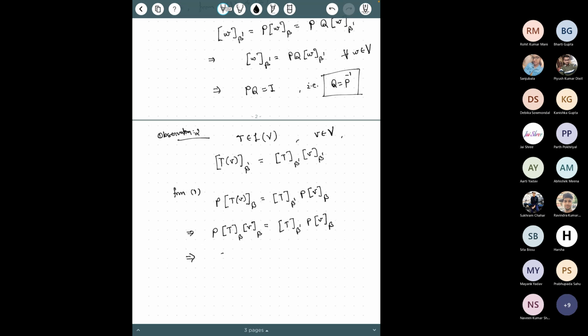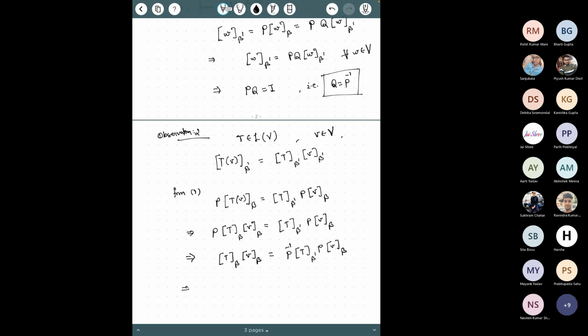So the matrix of T with respect to B times the matrix of V with respect to B is equal to P inverse times the matrix of T with respect to B dash times P times the matrix of V with respect to B.